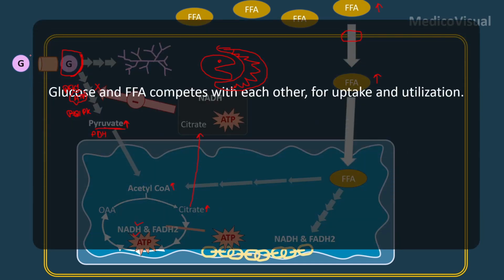So what is the end result? We can say that glucose and free fatty acids compete with each other for uptake and utilization, for uptake and oxidation. They can also inhibit the other process. If glucose oxidation is going on, that will inhibit the free fatty acid oxidation, and if free fatty acid oxidation is going on inside the cell, that might inhibit the glucose oxidation.